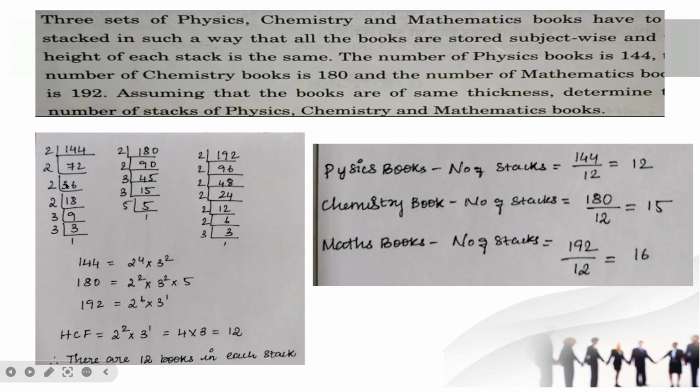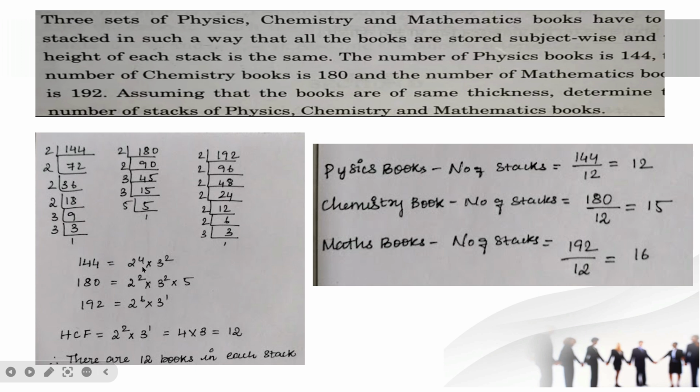Again in 2 table 3 won't go, nearby 2 will go 1 time. 1 is balanced, 16 will go in 8 times. In 2 table 18 will go 9 times. And then in 3 table 9 will go 3 times. In 3 table 3 will go 1 time. So 2, 1, 2, 3, 4. 2 power 4, 3 power 2. Like that you write for 180 and 192 also.